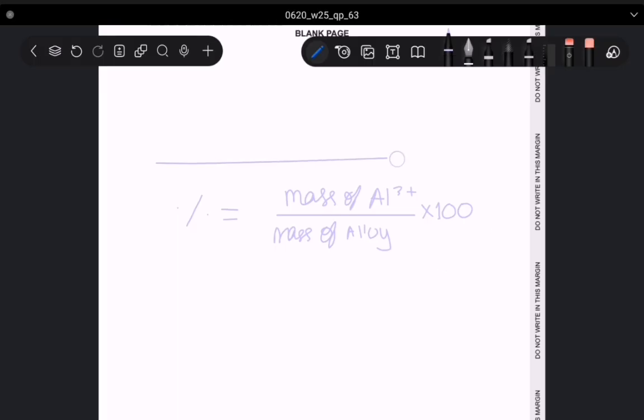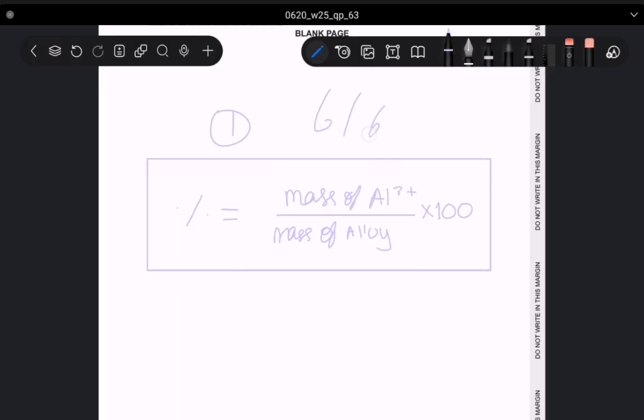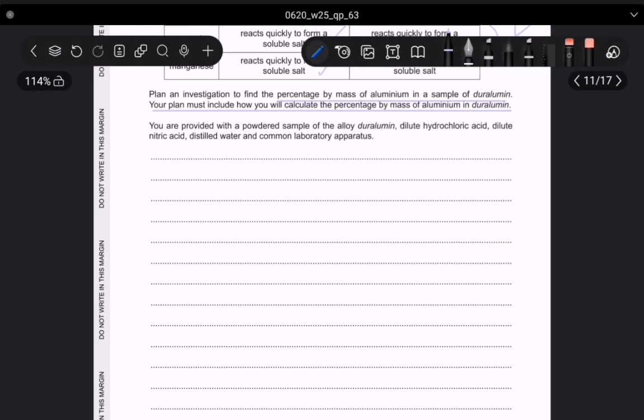Include this formula in your conclusion to get that extra mark to get a 6 out of 6, and the rest is pretty much simple.